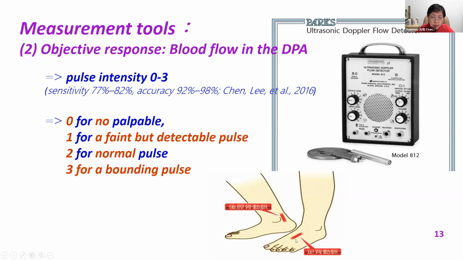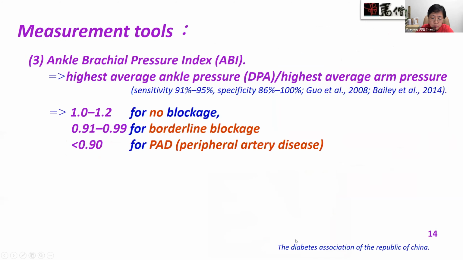Then we take the ABI. We measure the level of atherosclerosis using the ABI. The ABI is the ratio of the highest average ankle pressure to the highest average arm pressure.